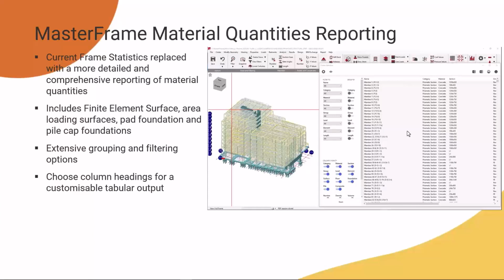You've also got pad foundations and pile cap foundations now included in this material quantities reporting. And the really nice thing, as we'll see in a second, is that it's got really good grouping and filtering facilities to make the presentation of this much more extensive data easily accessible and presentable in the way that you want it to be, along with choosing which columns you want to include. So you've got full customization over that output.